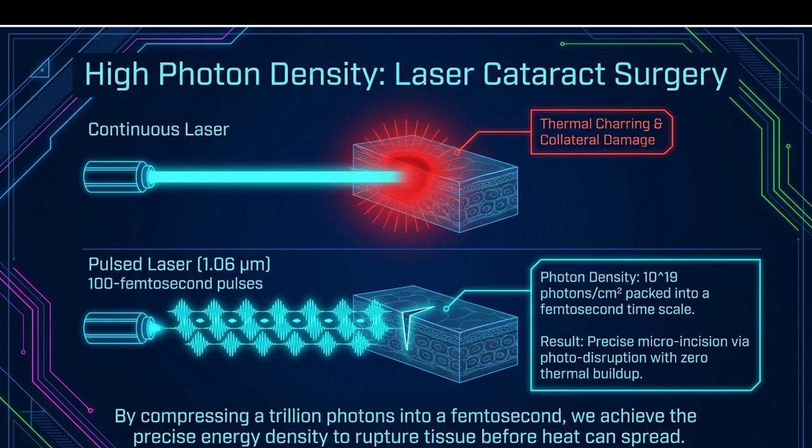While talking about the pulse laser, suppose a 1064 nanometer pulse laser with 100 femtosecond pulses, what happens is the photon density is 10 to the power 19 photons per second per centimeter square.